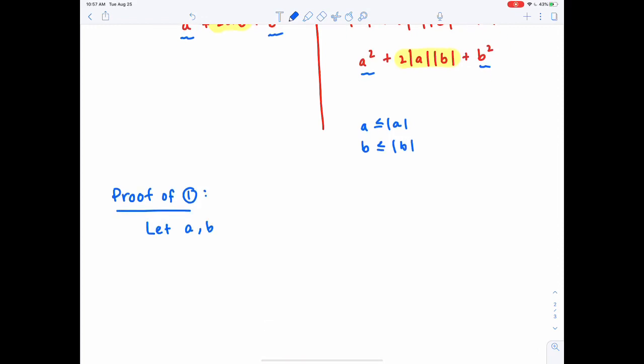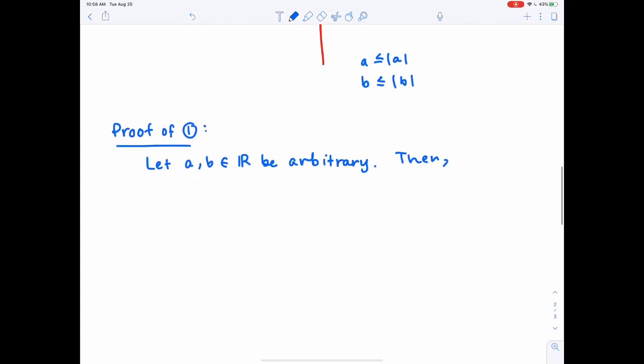So technically the triangle inequality is a universally quantified statement. It is true for all real numbers a and b. So I'm going to let a and b in R be arbitrary. And then I'm just going to write out the inequality that we get.